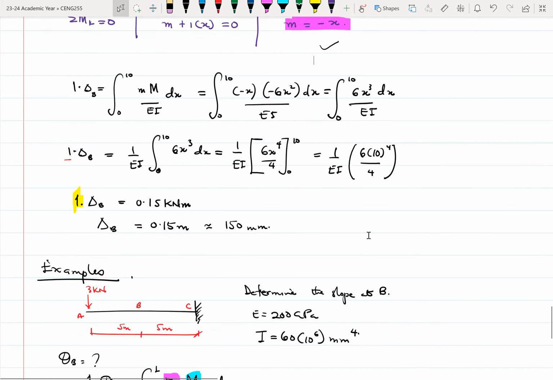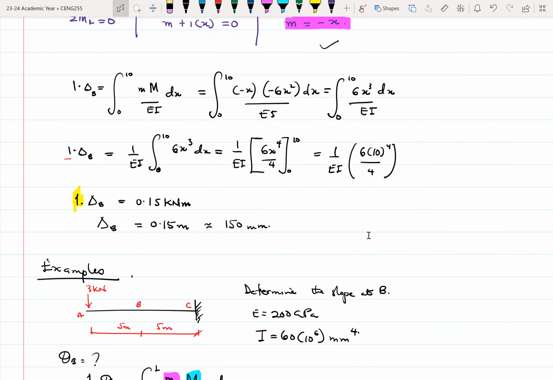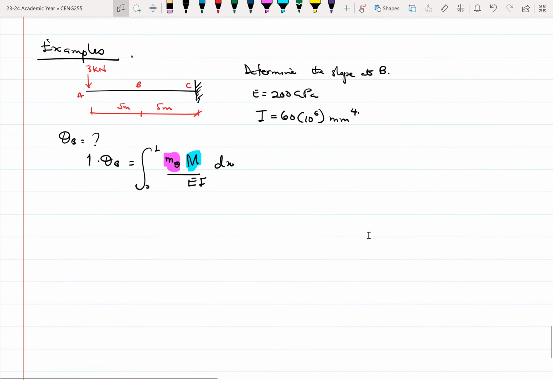I think I had already mentioned that when we were looking at the other methods, and when we were looking at the integration method also. All right. Okay.